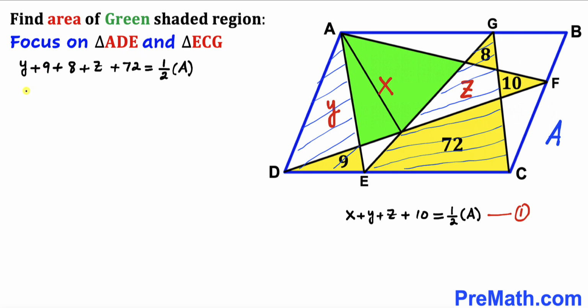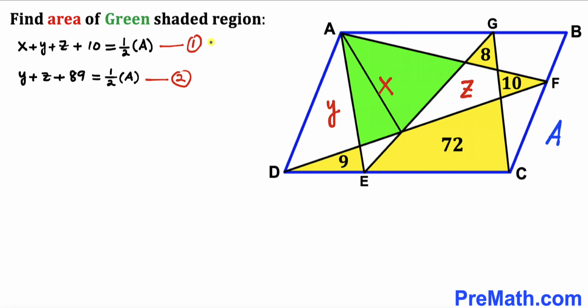So therefore the left hand side is going to become Y plus Z plus 89 is going to be equal to a half times this whole area A. And now I'm going to label this one as our equation number 2.